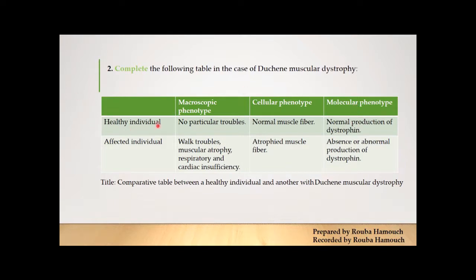For a healthy individual, there is a normal production of dystrophin, so dystrophin is normal. Whereas in the affected individual, there is absence of dystrophin or an abnormal production of dystrophin. And dystrophin could be either absent or having abnormal structure. So it's the comparative table between a healthy individual and another affected with Duchenne muscular dystrophy.